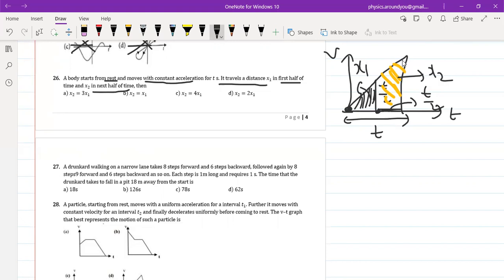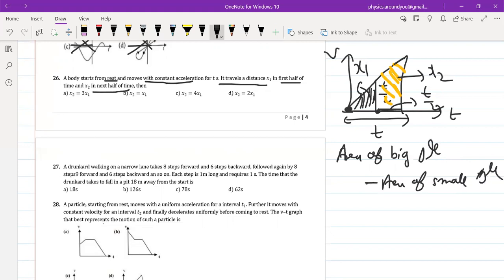In that total distance, I can say that the area of the big triangle minus the area of the small triangle will always give area x2. If I calculate the area of this triangle and subtract the area of this, I shall be getting this trapezium area, right? So how to express the area of the big triangle now?